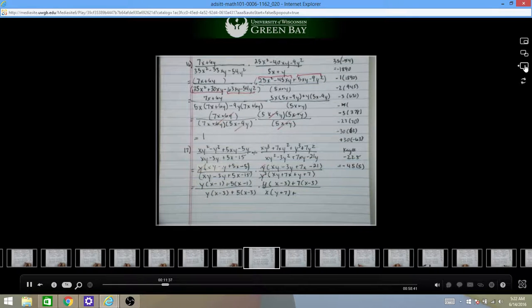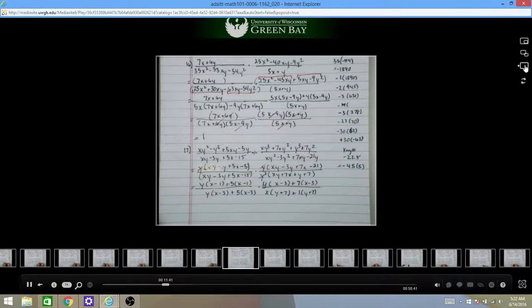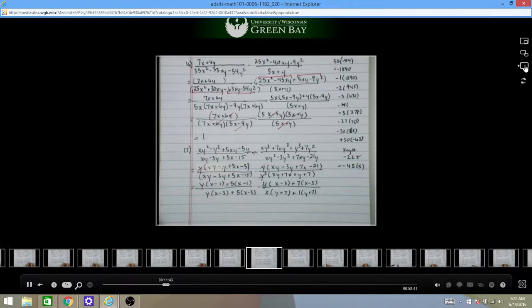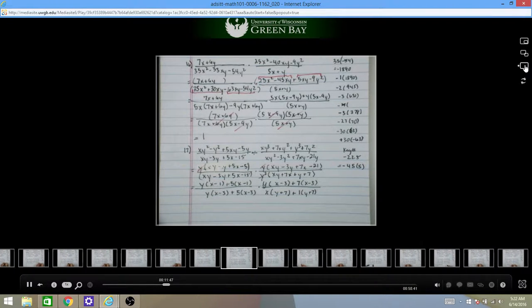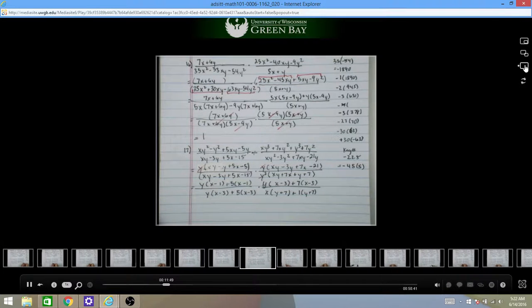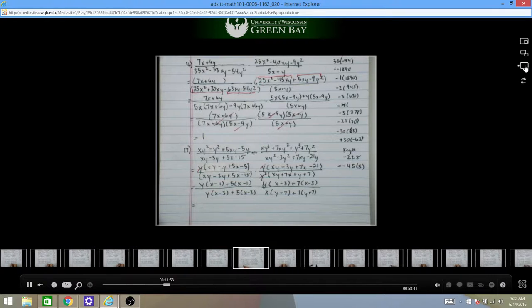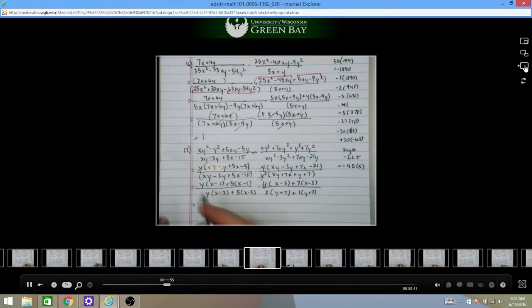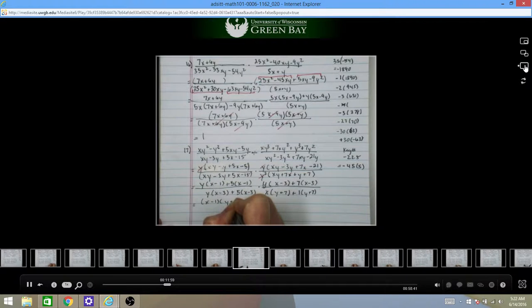So now I'm back to having sums and differences. So now I wouldn't cancel anything, okay? Because now I have pluses in the middle of my numerators and denominators. But that's okay because we're not done factoring by grouping, right? So now we write x minus 1 times y plus 5 and x minus 3 times y plus 5.